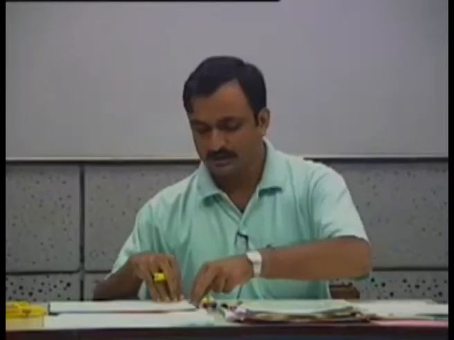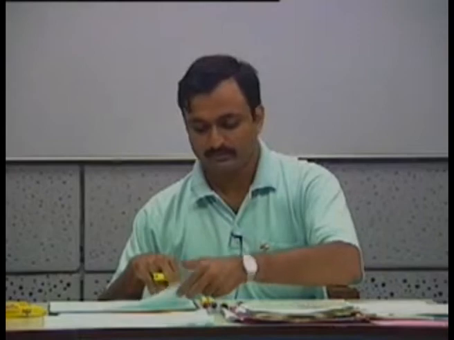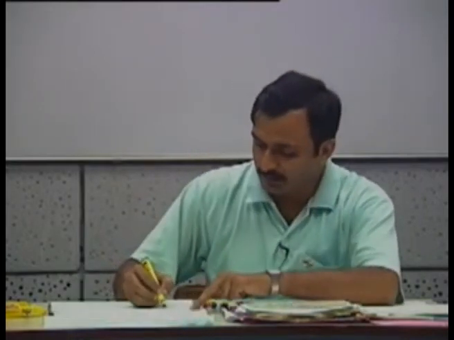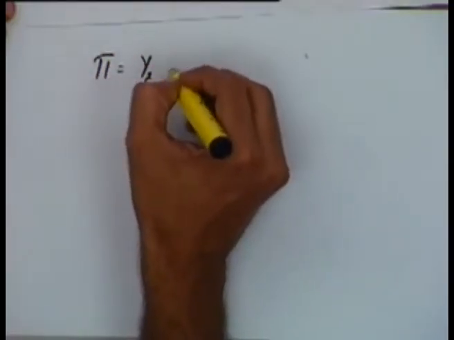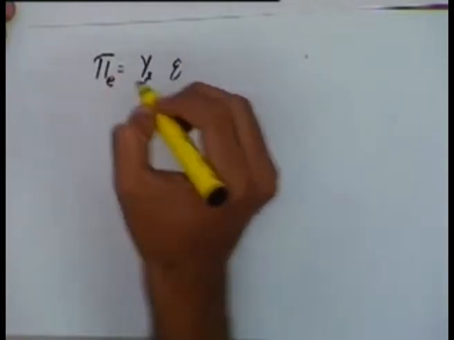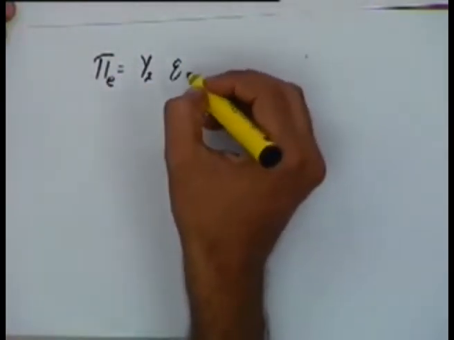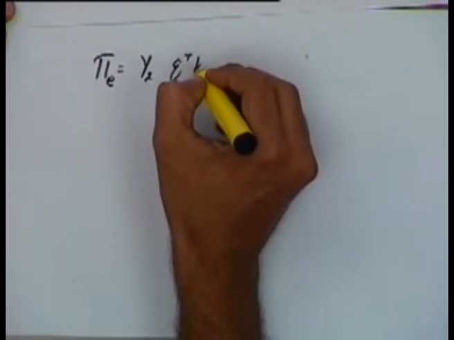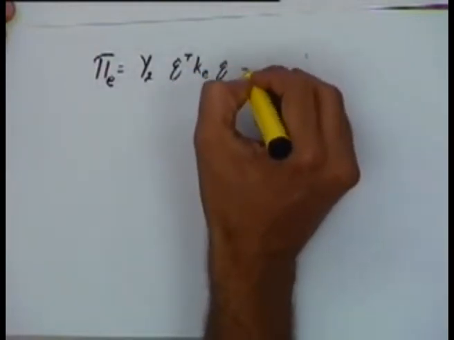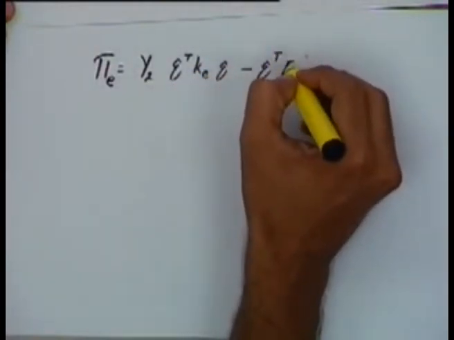Okay, so the potential energy of the element is given by pi, which is equal to half Q transpose KE multiplied by Q minus Q transpose FE.